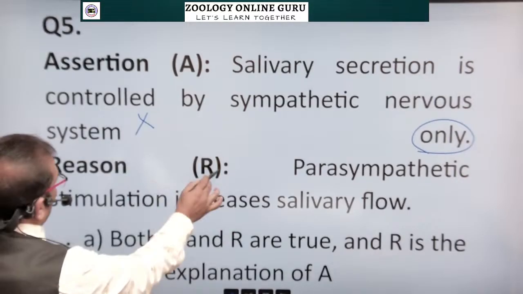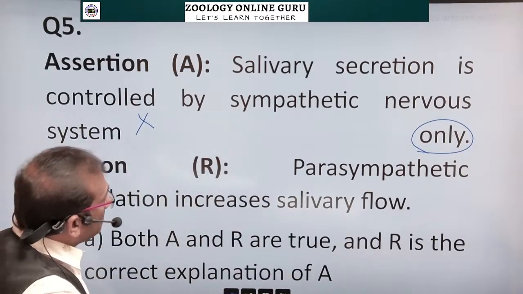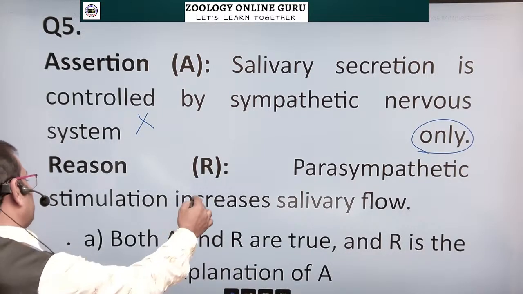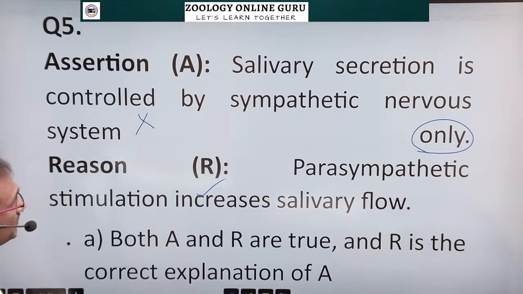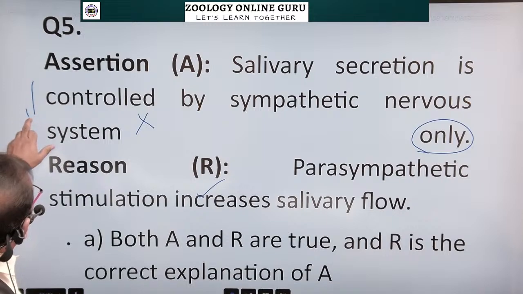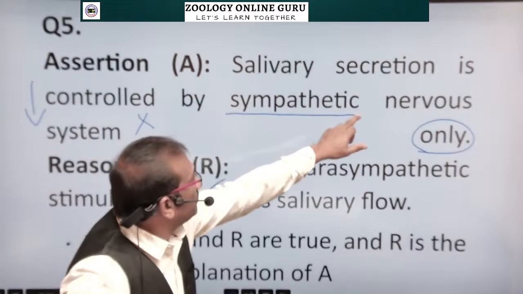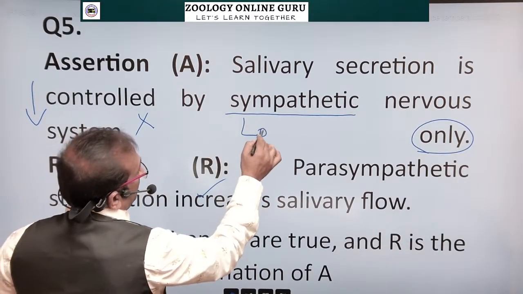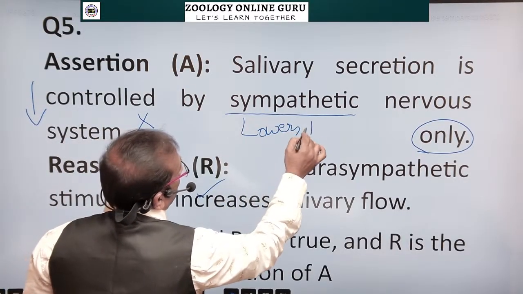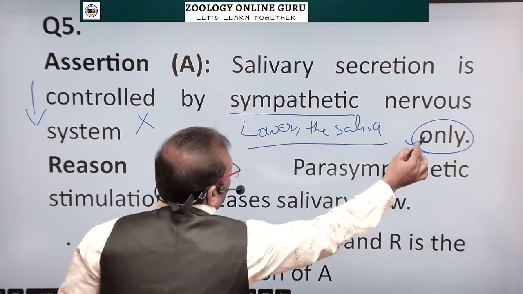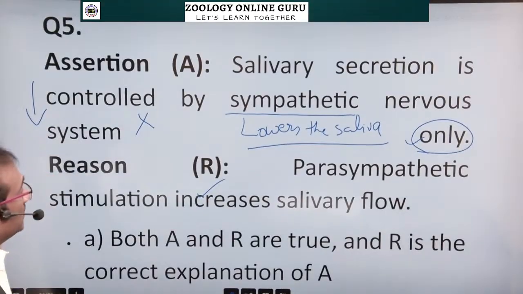We'll see the reason: parasympathetic stimulation increases salivary flow. Yes, definitely. The sympathetic nervous system lowers the salivary secretion, but it's not the only one; some others are also there.